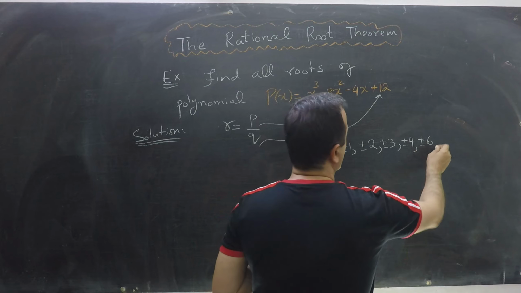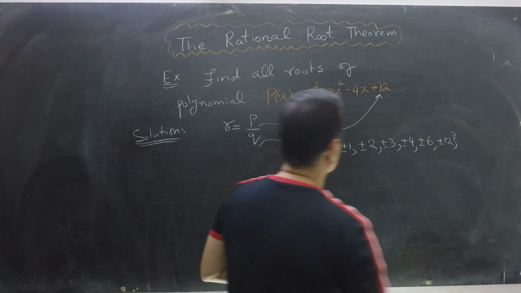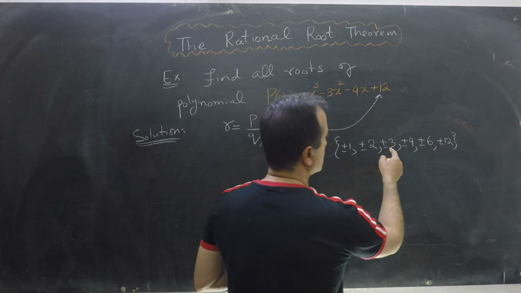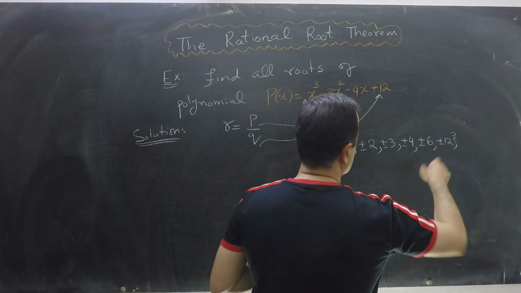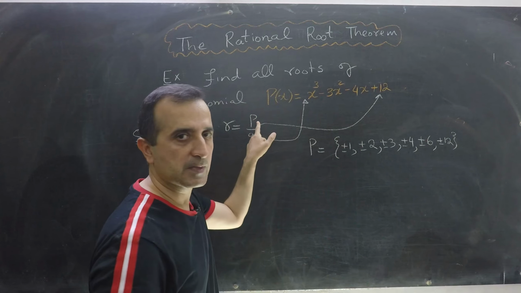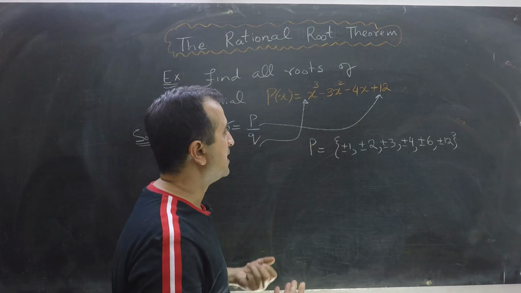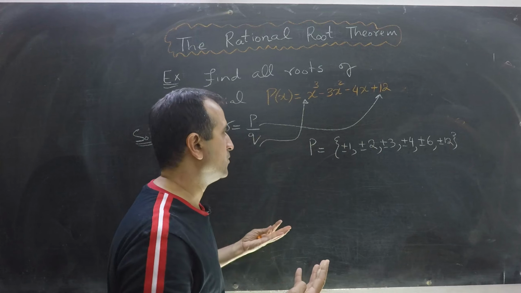And finally, p could be plus minus 12. So in total, 6 times 2, 12 possibilities for p. We have to try all of these possibilities and then we will be able to find one root.